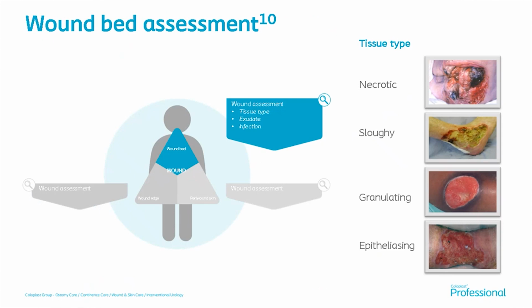So, moving on to our wound bed assessment in a little more detail. When we're looking at tissue type as part of our wound bed assessment, we need to identify what the majority of the tissue type is that we're seeing. Are we seeing necrosis, sloughy tissue, granular tissue, or the final stages of healing in that epithelialization?